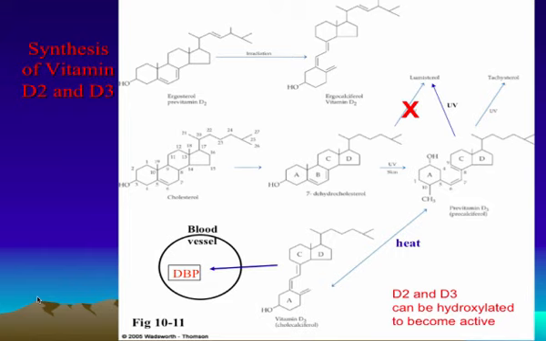Okay, so we know we can get vitamin D2 from our diet. Do we synthesize vitamin D2? We don't. So D2 is just from your diet. Where's D3 from? Diet and our own synthesis. So D3 can come from diet or our own synthesis.